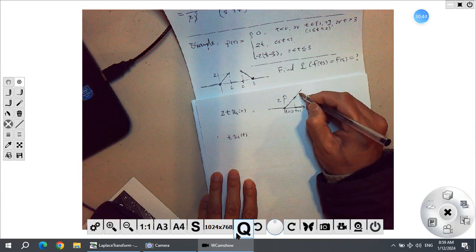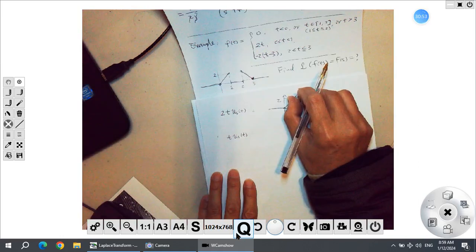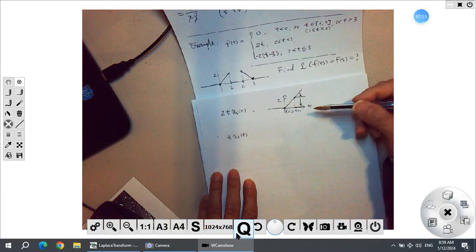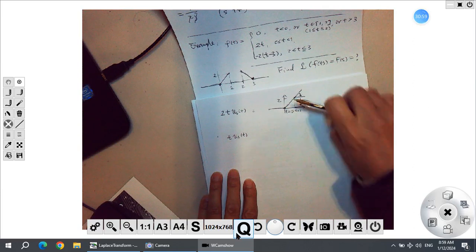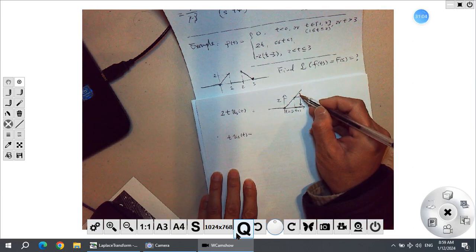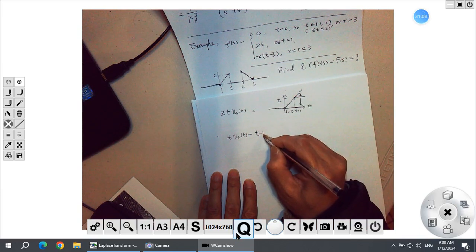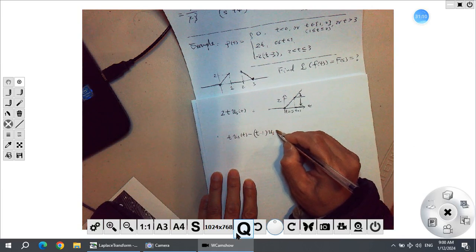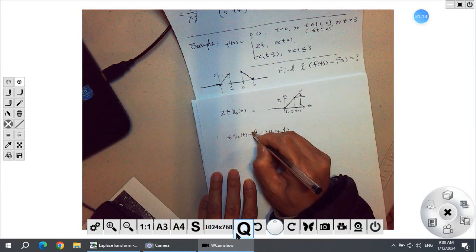One option is two operations. One operation we need to make the ramp go to here, and the second operation we will pull it down. The whole bar will go from here down to here, right? Okay, so we need to subtract a ramp. That is 2(t minus 1) u(t minus 1) with slope 2.